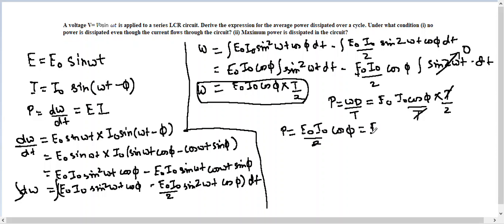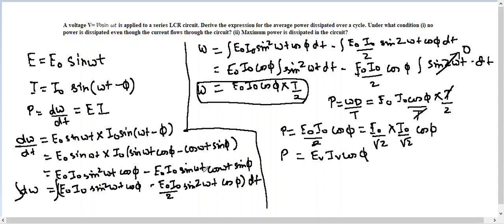Also, writing it further, it can be written as E naught by root 2 into I naught by root 2 cos phi. Therefore, we can write it as EV into IV cos phi, where EV and IV are the virtual EMF and current. So this was the total power of the RLC circuit.